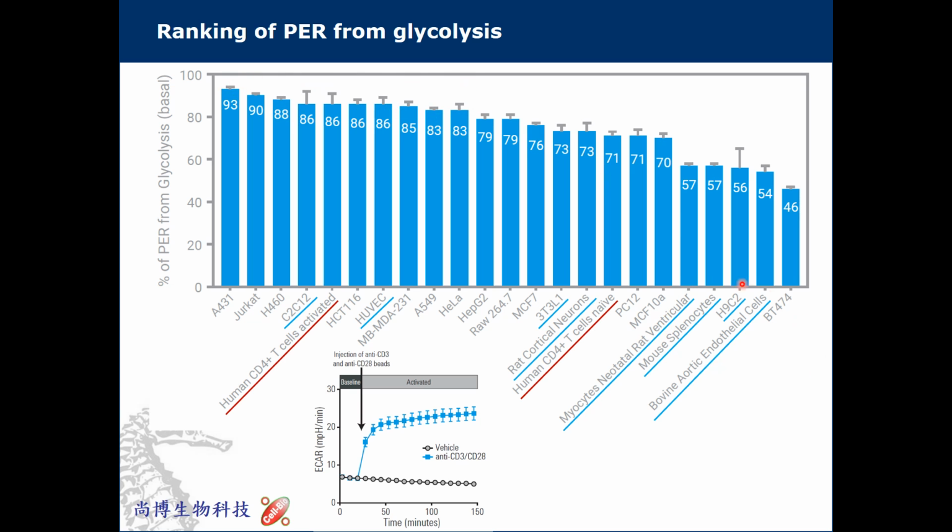But the cells on the right side are more primary cell types, not cancer cell types. Because their mitochondrial function is very good and sufficient, they also produce a lot of protons that affect the real glycolysis.